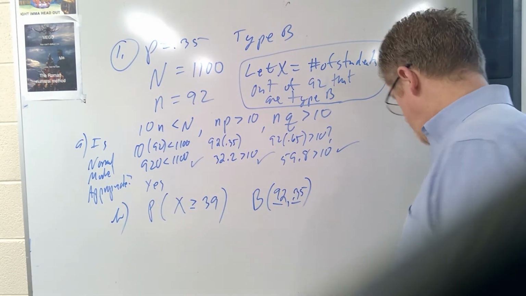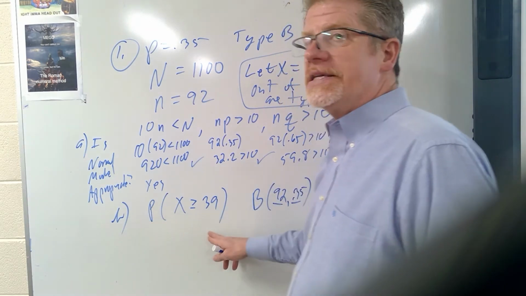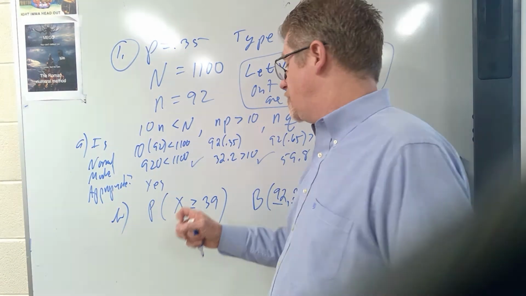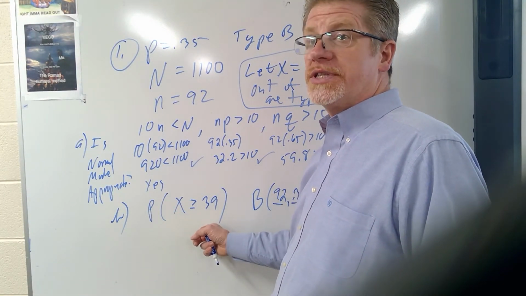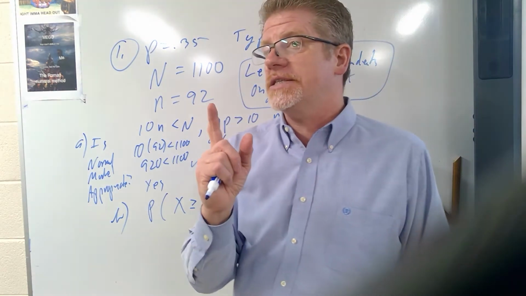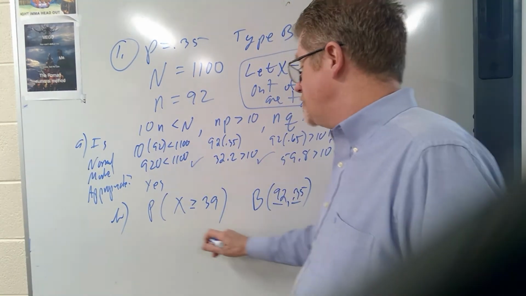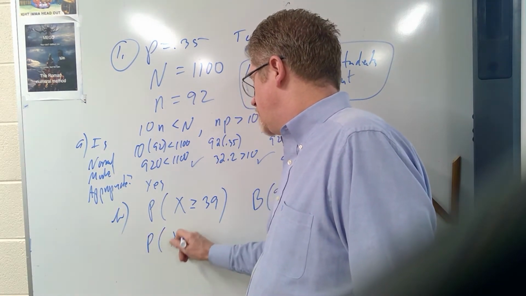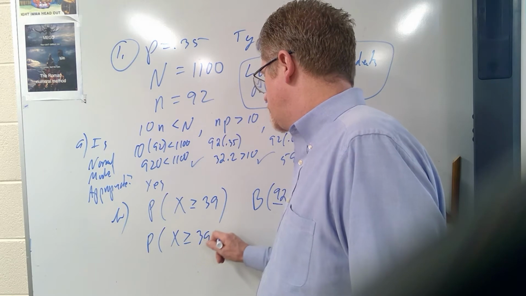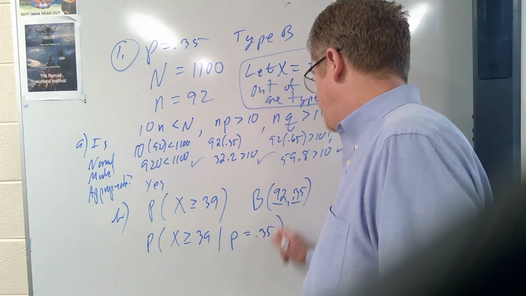Now, one thing you should probably know is that when we ask what's the probability that we observe 39 or more students with type B blood, that's technically a conditional probability. Even though it's not written out, what it means is: what's the probability that we observe X greater than or equal to 39, given that the true proportion is 0.35?